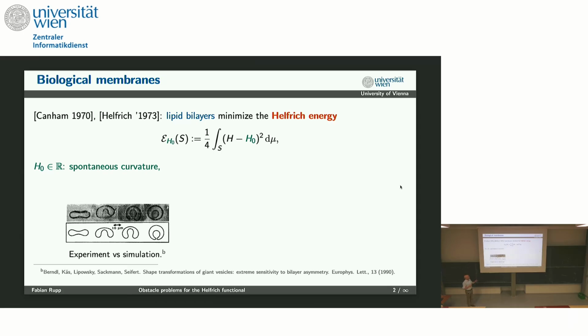And this energy is now called the Helfrich energy, which instead of the mean curvature measures the defect of the mean curvature to a fixed given number h0. It's also called spontaneous curvature, and it has been, at least on the numerical level, very successful to describe the shapes that can be found in nature. There are also two additional constraints that are imposed in the model, usually fixed area and volume.